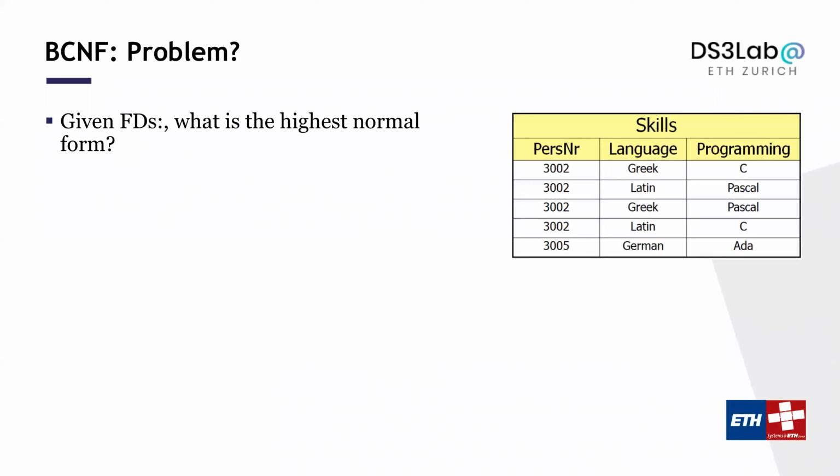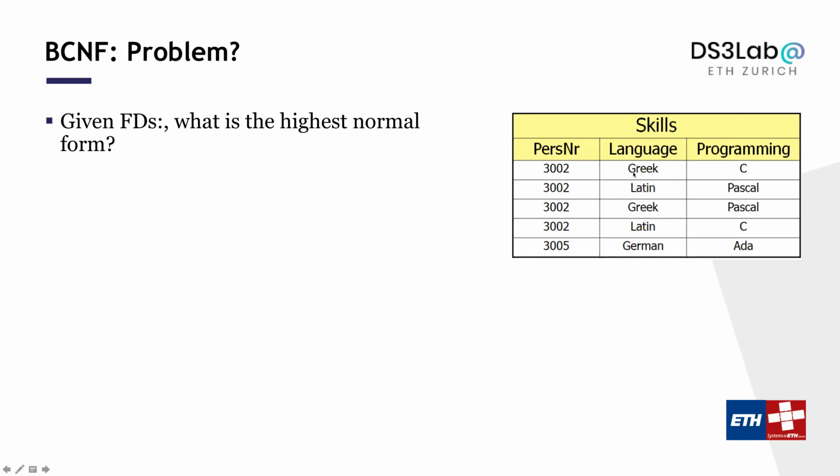So now let's look at this. You have the skills table, you have the person number, right? And then you have two other attributes. You have the language that person speaks, and you have the programming language that person knows how to write. In this case, you have one person who speaks Greek and Latin, and who can also use C and Pascal, right?